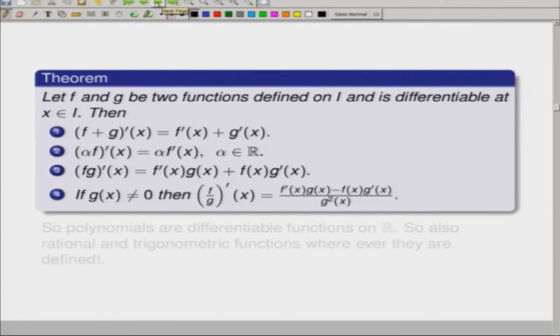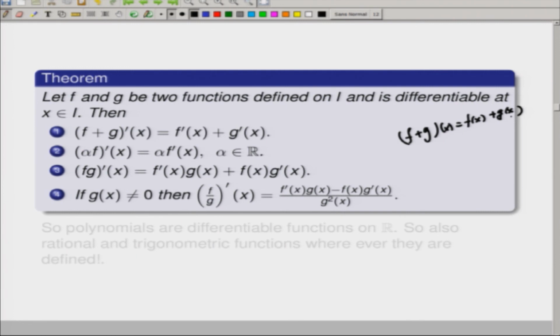If you have two functions f and g defined on an interval I, and both f and g are differentiable at some point x belonging to I, then f plus g, which is the function f of x plus g of x, as we have talked about many times, is also going to be differentiable at that point, and its derivative is going to be the sum of the derivatives, f prime of x plus g prime of x.